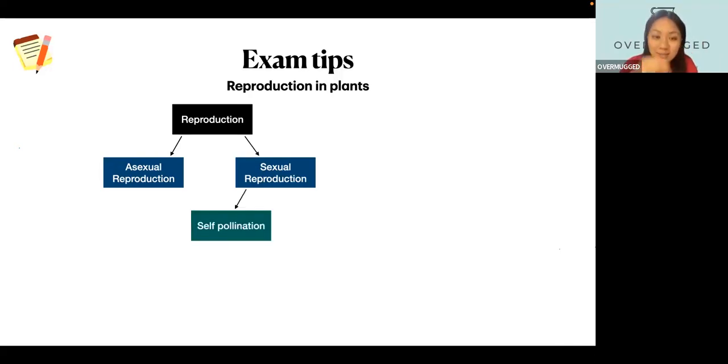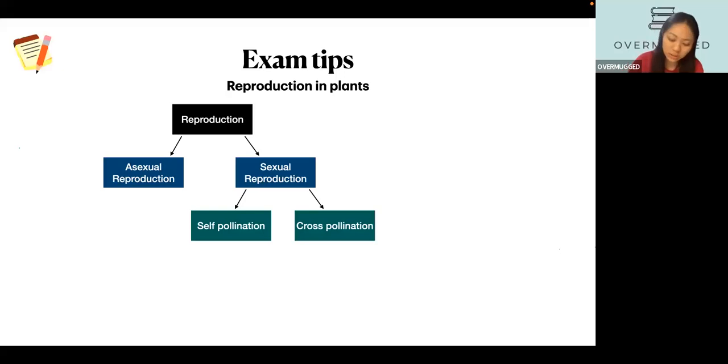But in plants, there is self-pollination and cross-pollination. You must identify that as long as there's pollination, it is already considered sexual reproduction. In no way are self-pollination and cross-pollination involved in asexual reproduction.